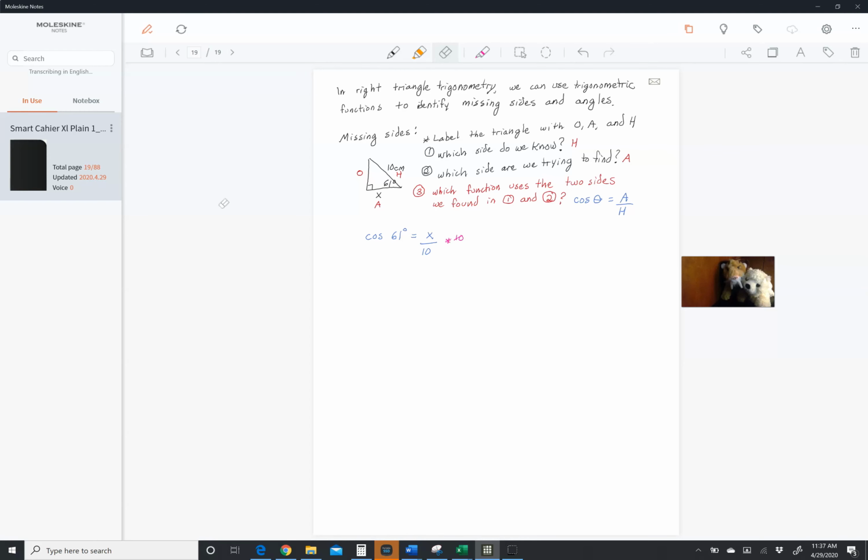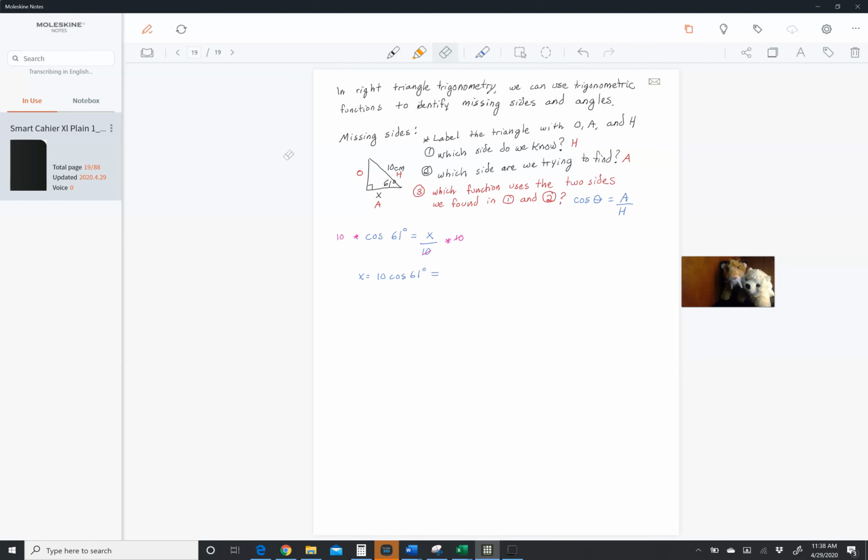That will isolate x for us. So that tells us that x is equal to 10 times the cosine of 61 degrees.